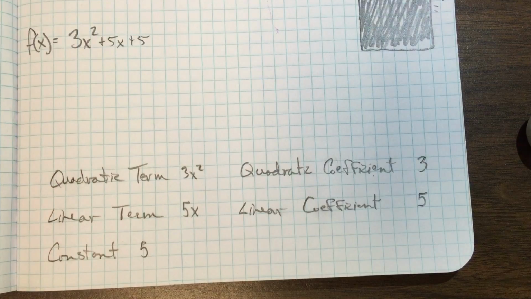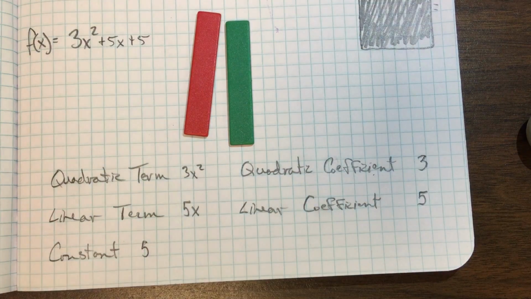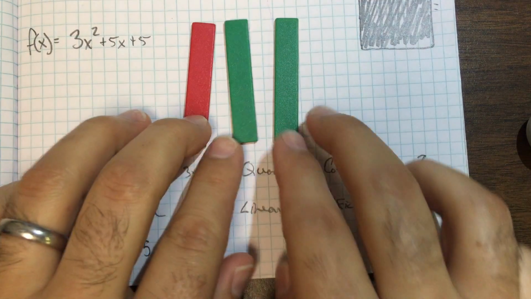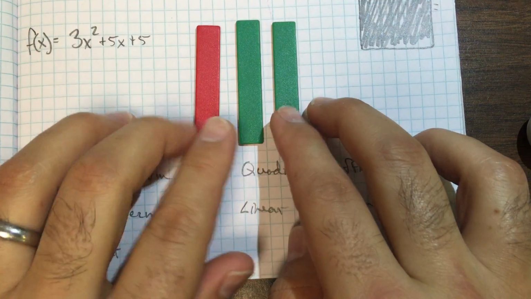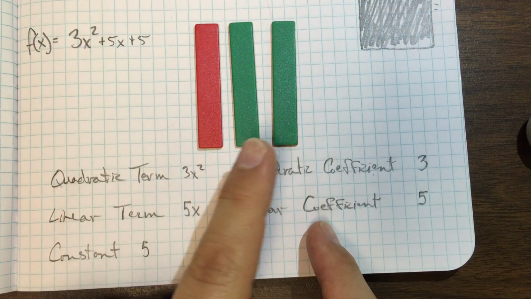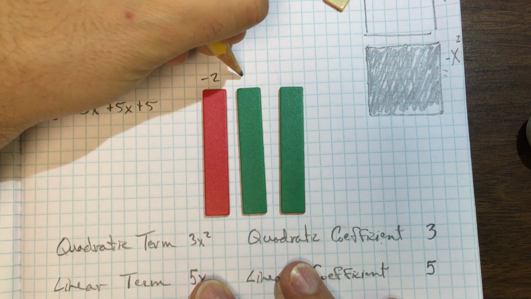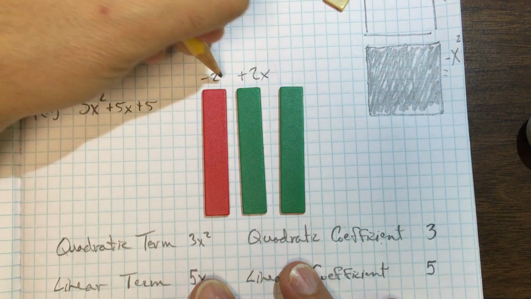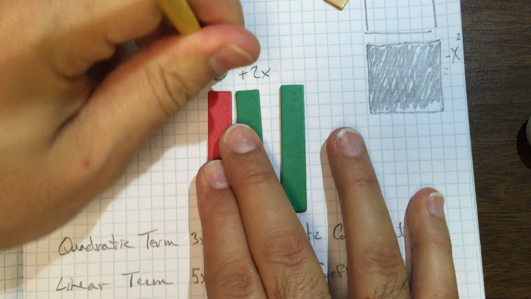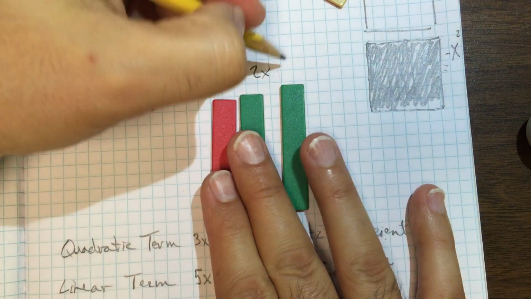Now let me do one last thing before I let you go. If I have this on my board, or on my desk, or in my notebook, or in a problem: negative x plus 2x. Well, what does this equal?